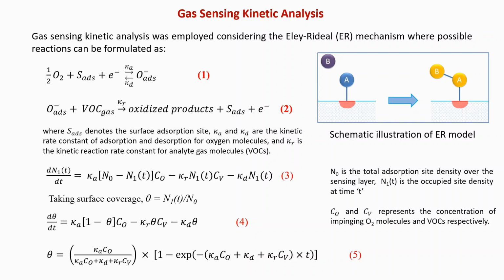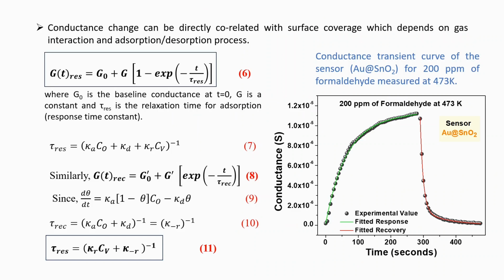Now, further formulating and deriving the equation, we get equation number 5, which is the surface coverage at a given time t. This is the conductance change depending on the surface coverage, which depends on the adsorption-desorption process, and this equation was utilized for fitting of this transient response.